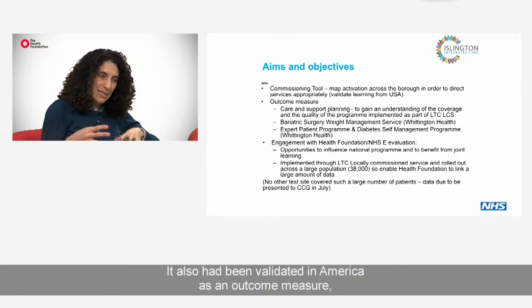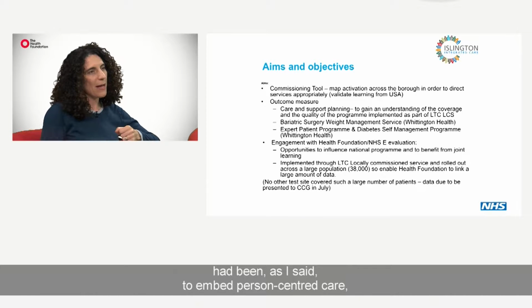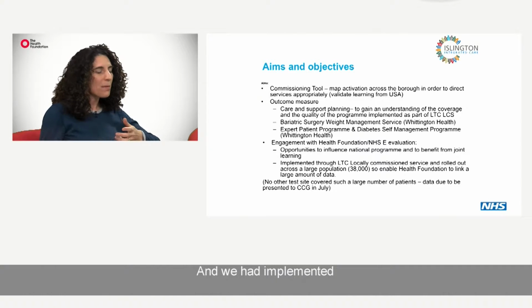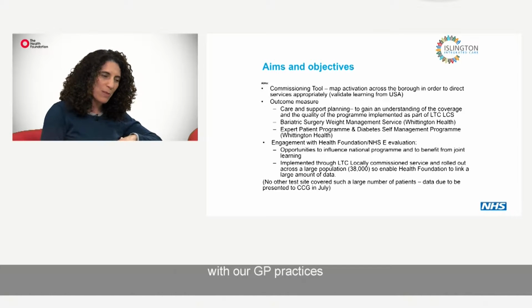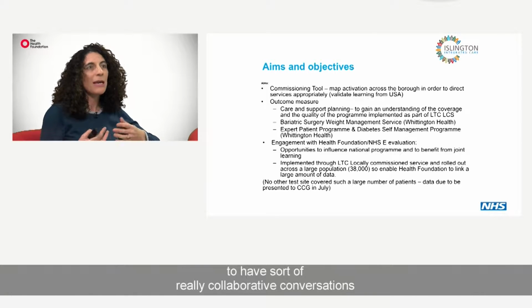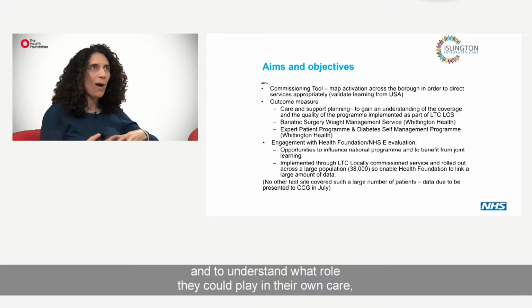It had also been validated in America as an outcome measure, and one of the things that we'd been doing in Islington had been, as I said, to embed person-centred care, particularly for people with long-term conditions. We had implemented a long-term condition locally commissioned service with our GP practices, which involved bringing people in to have really collaborative conversations with their healthcare professionals and to understand what role they could play in their own care.